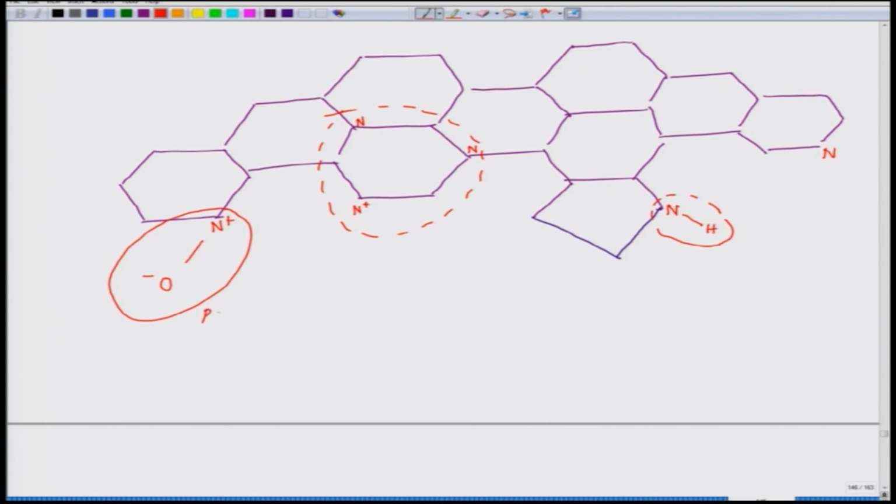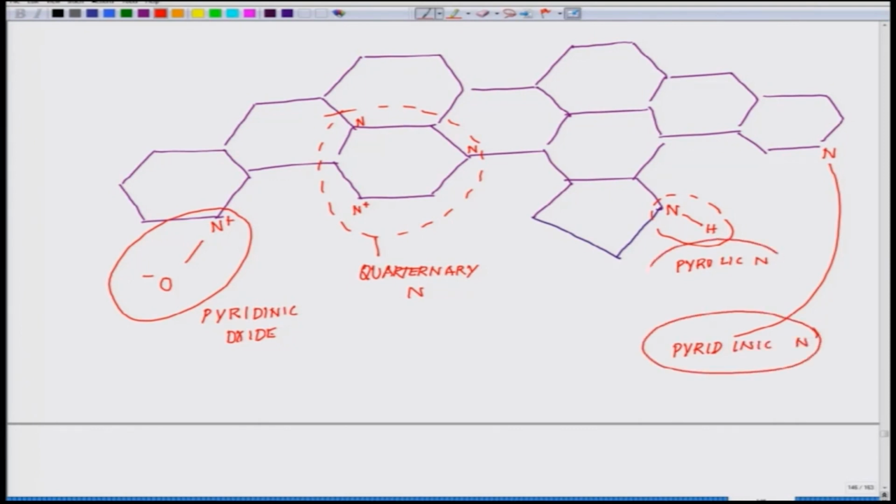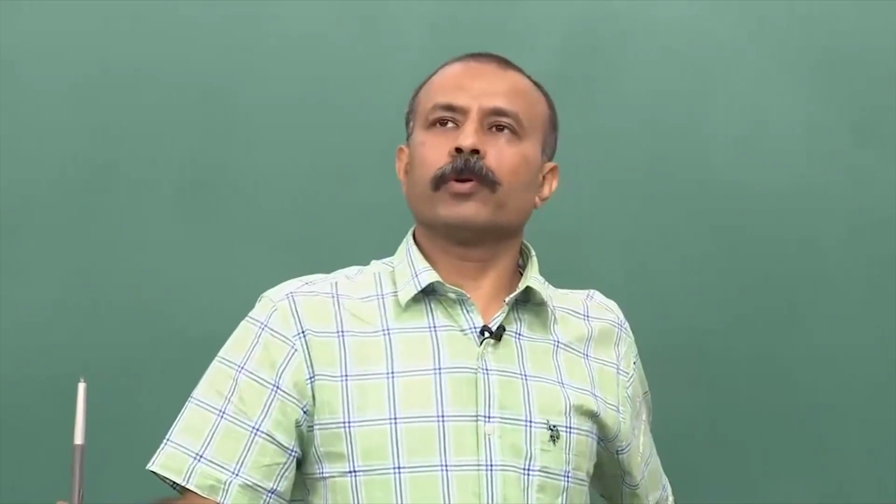So, this is called pyridinic oxide, this is called quaternary nitrogen, this is called pyrrolic nitrogen, and this is called pyridinic nitrogen.